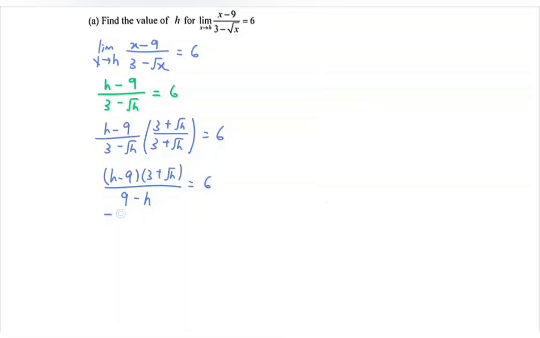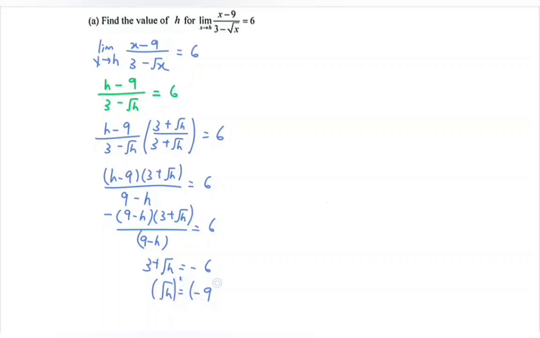Here we will have negative (9 minus h)(3 plus the third root of h) over (9 minus h). If we simplify, then we will have 3 plus the third root of h, which is equal to negative 6. So the third root of h is equal to negative 9. Square both sides. Then h will be equal to 81.